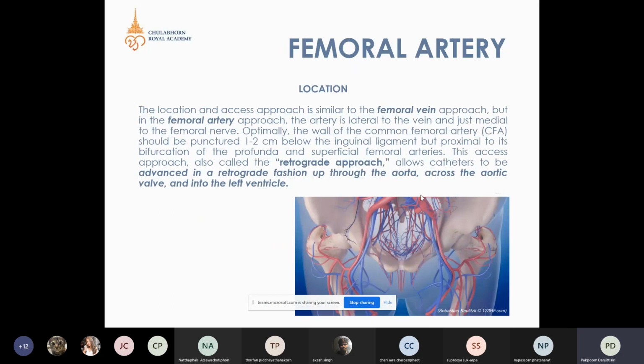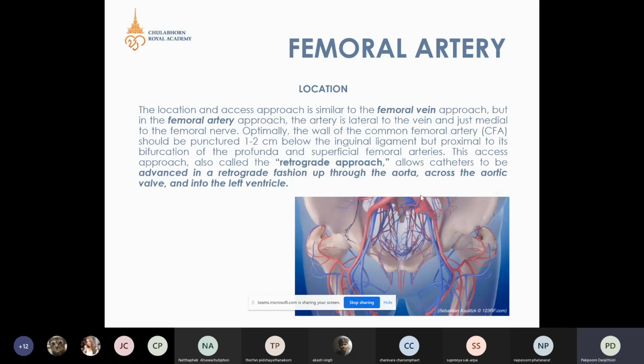Okay, again, the femoral artery is located on the same side as the femoral vein, but not medial, just lateral to the femoral vein, just a little bit.